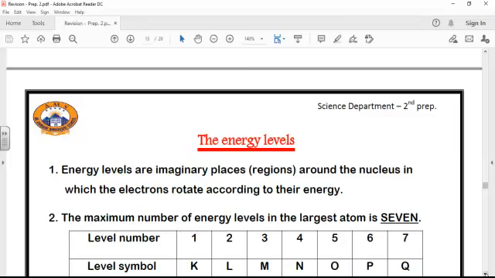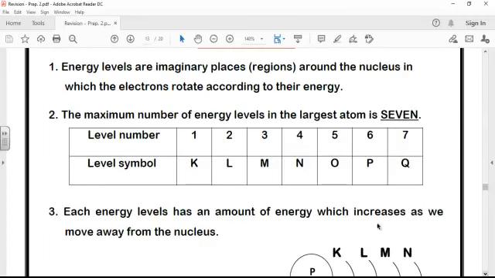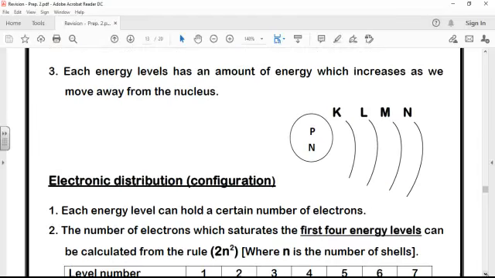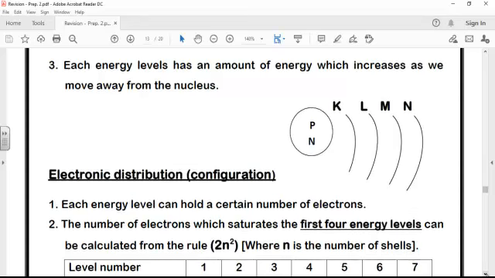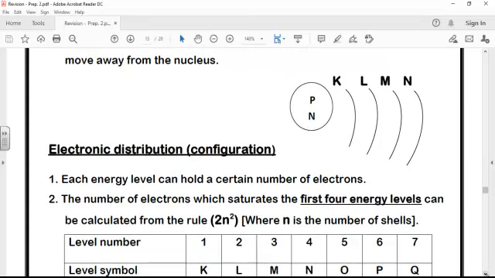As you can see here, we have 7 energy levels, as we said before, which are K, L, M, N, O, P and Q, and each one carries a specific number of electrons. If we have any number of electrons and we want to put them on energy levels, how?